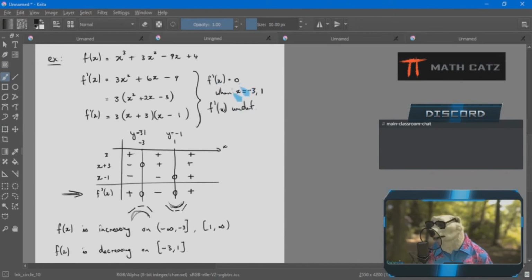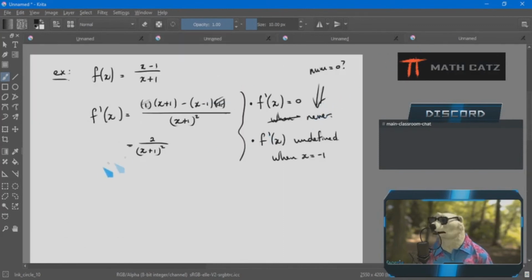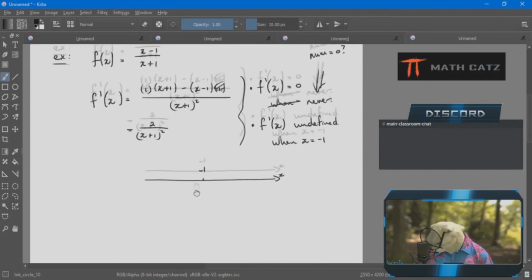Where is it 0? Where is it undefined? But of course, in the case of a polynomial, it's never going to be undefined. In the case of the rational function, it could be. Regardless, out of these two checks, and it's only going to be these two, 0, undefined, I am going to list all the x values that come out of that. And in this case, maybe a little boring, it's only one of them, only the -1.